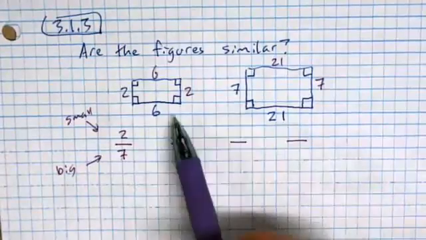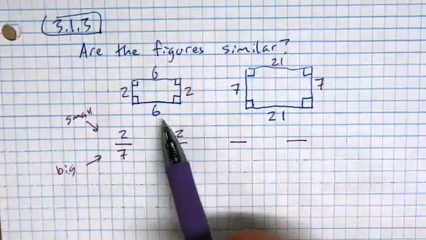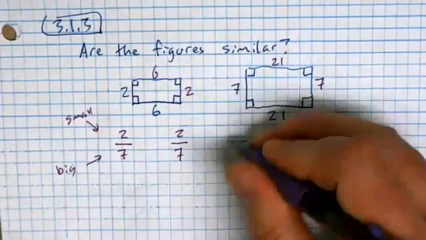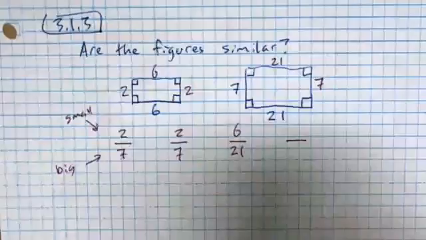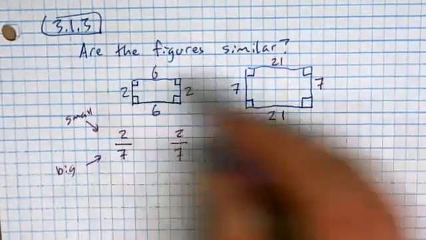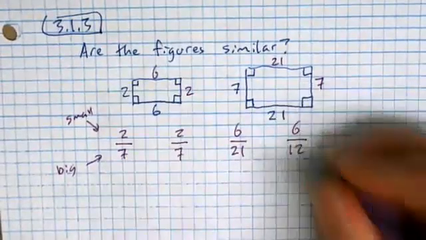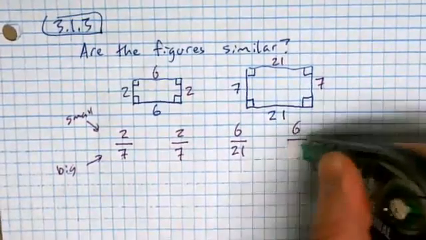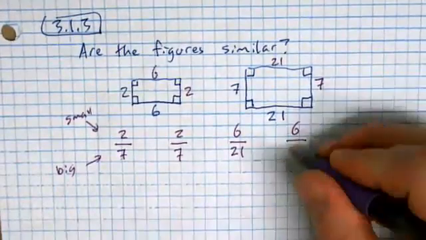They're going to be 21 and 6, right? 21 over 6 or 6 over 21? 6 over 21. So we said we were going to put the small on the top. So let's stick with our decision here and be consistent. And then we would have another 6 over 21 for the other pair of sides.